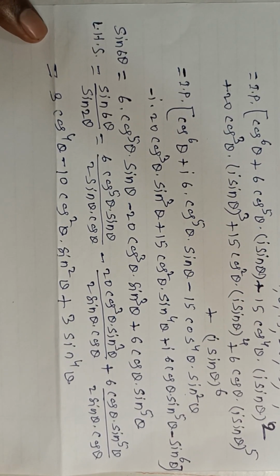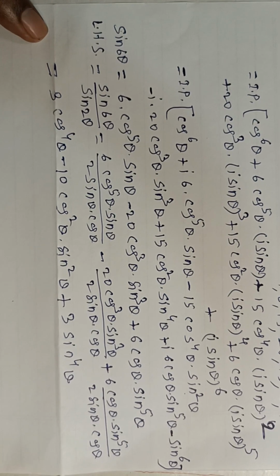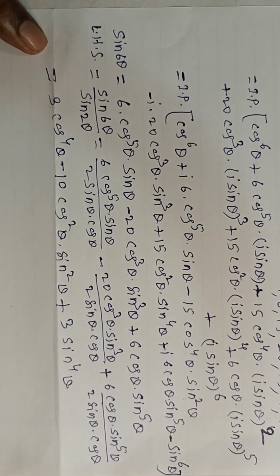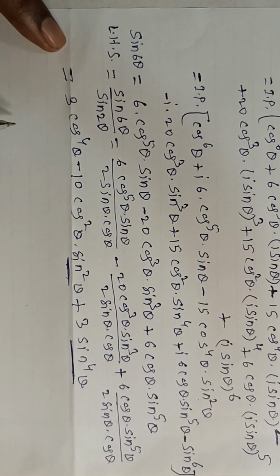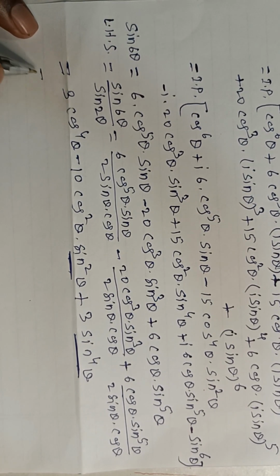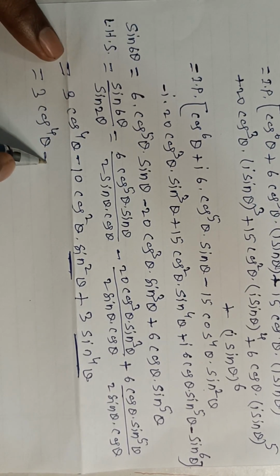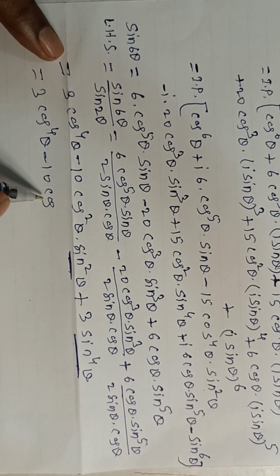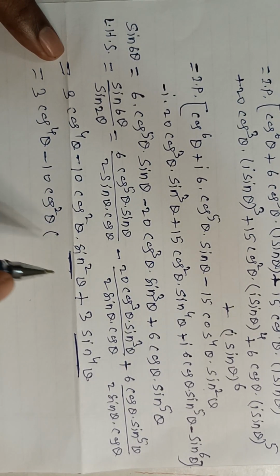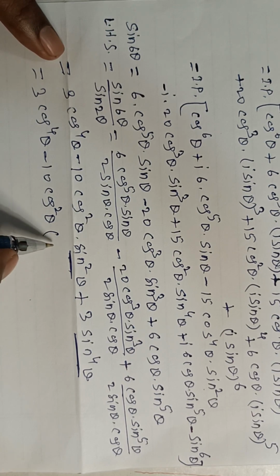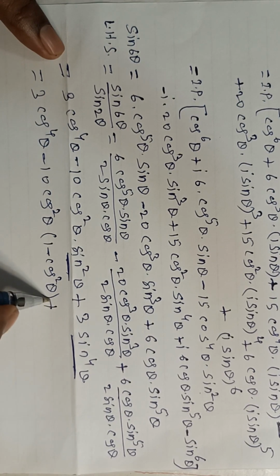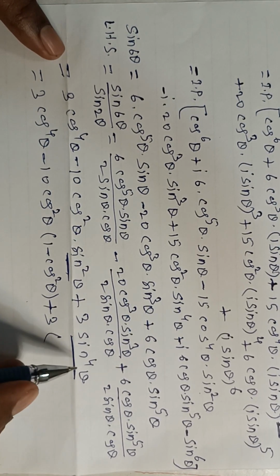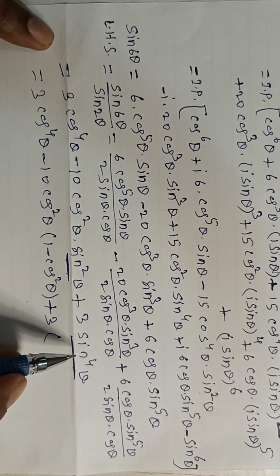Okay, but we want all terms in terms of cosine function. We have to replace this and this. So it is equal to 3 times fourth power of cos theta, keep this term as it is, minus 10 times cos square theta into sin square theta. It can be written as, replace sin square theta by 1 minus cos square theta, plus 3 times fourth power of sin theta, that is sin square theta, its square.